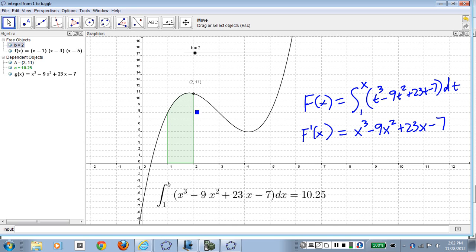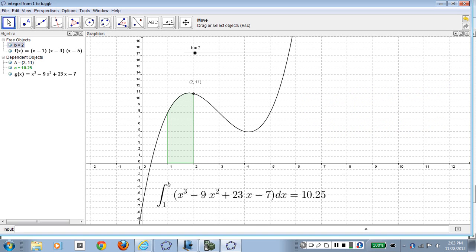Well, if the function is very large, then a little increase is going to increase the area by that much. If the function's not as large, a little increase will increase the area by not quite so much. So basically, the rate at which this area function is changing is the function itself, the curve.